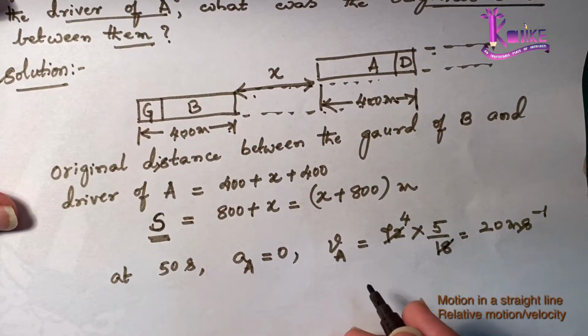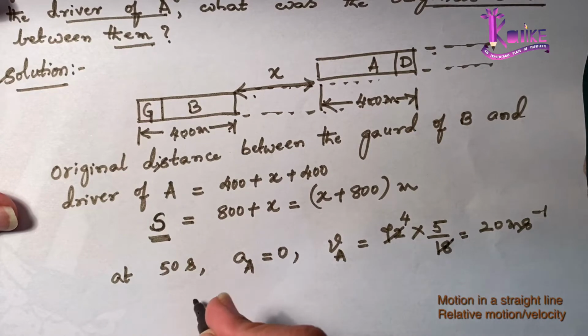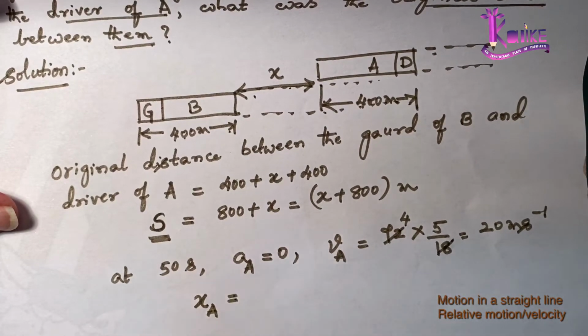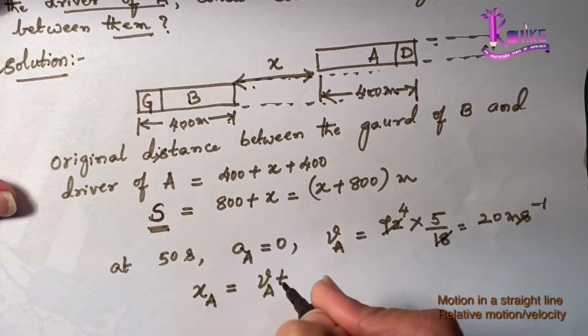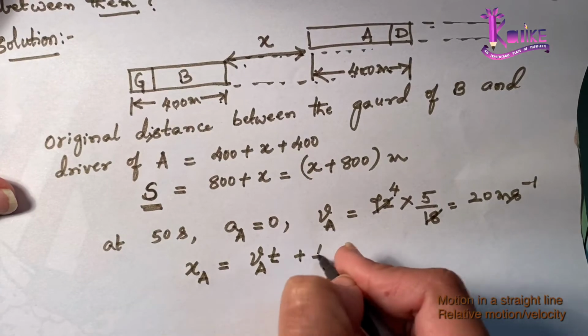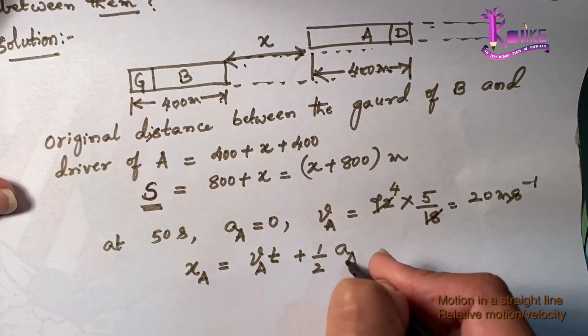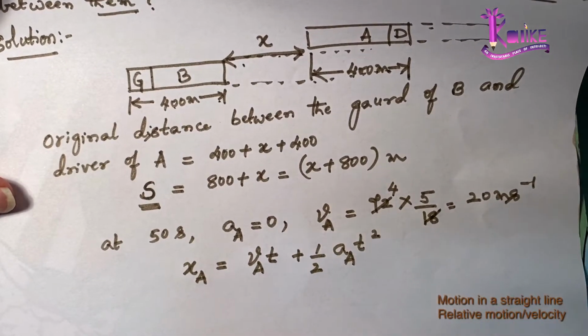So let us calculate what is the distance traveled by train A. So the distance traveled for train A is equal to velocity of train A into t plus half into acceleration for train A into t square.